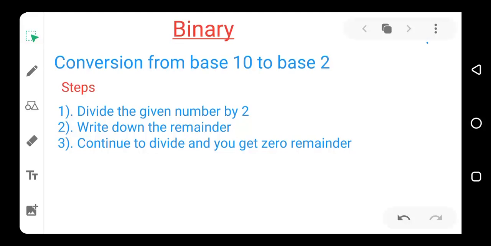Then you continue to divide what you have by 2 again until the final remainder you have is 0. When you have that, you count your remainders from down to up. Now look at what I mean by that.